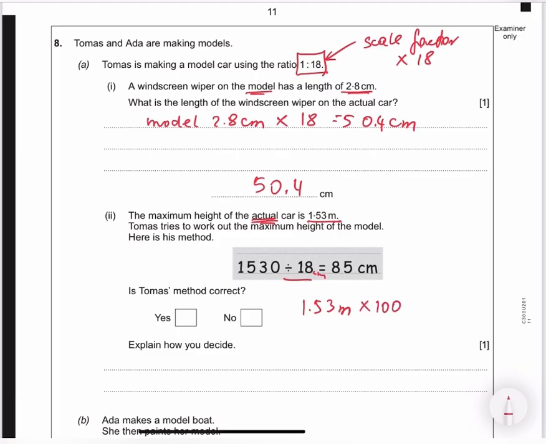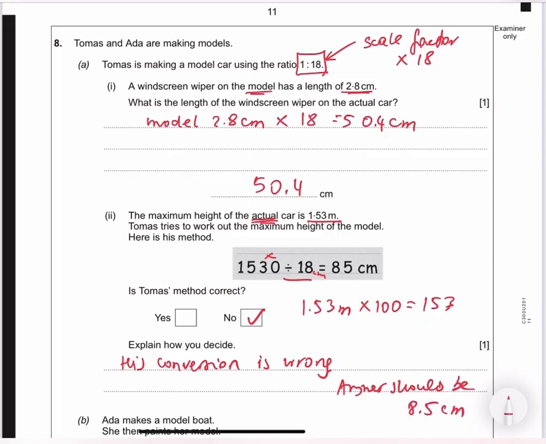So that gives you 153 centimeters divided by, not 1,530. So that number is wrong. The conversion is wrong. So 1.53 is actually 153 centimeters, and for that reason the answer is also wrong. So the answer should be 8.5 centimeters.